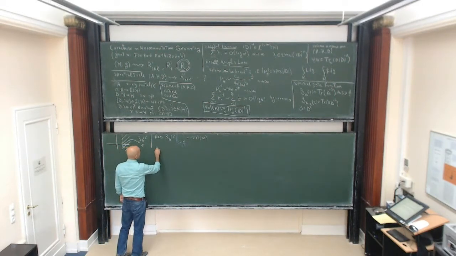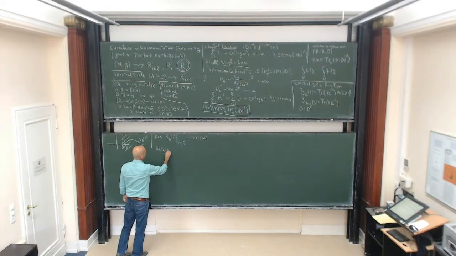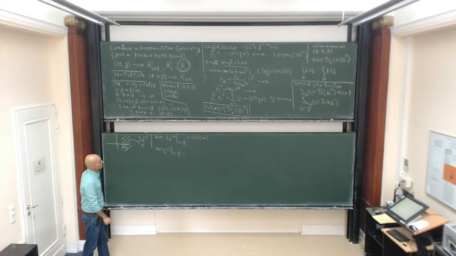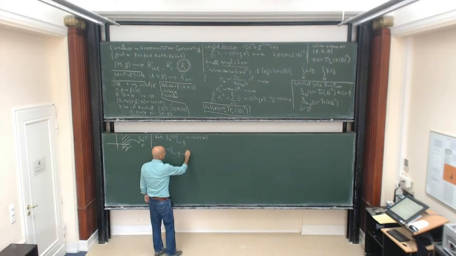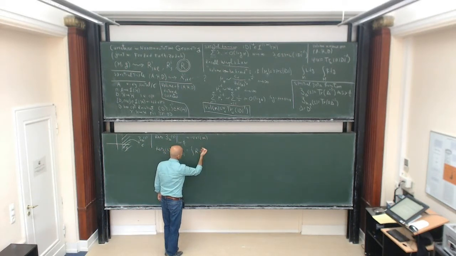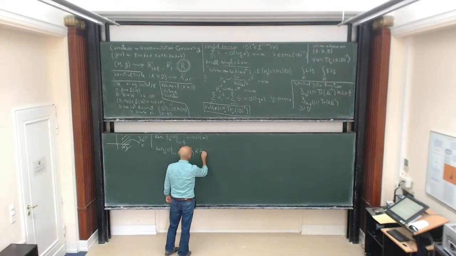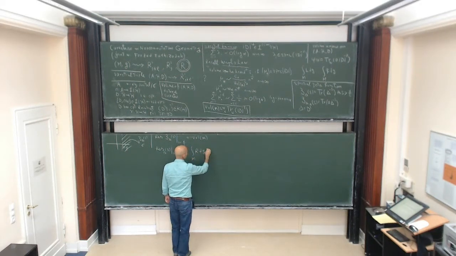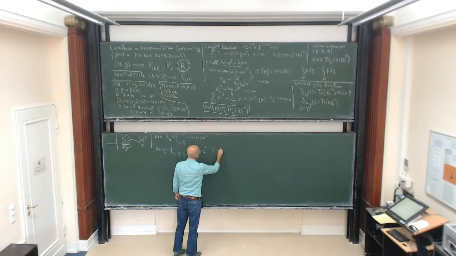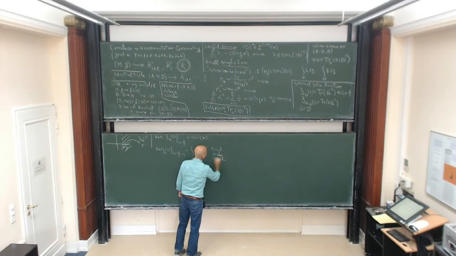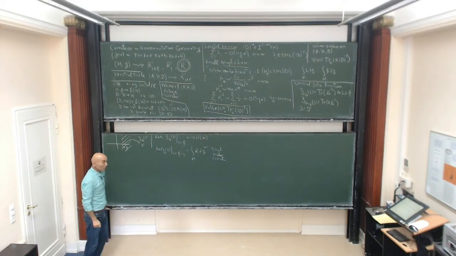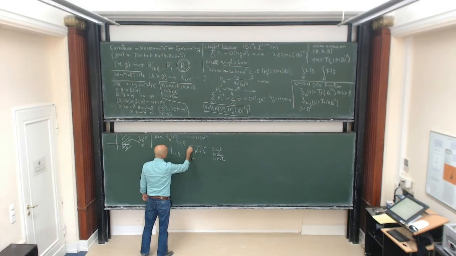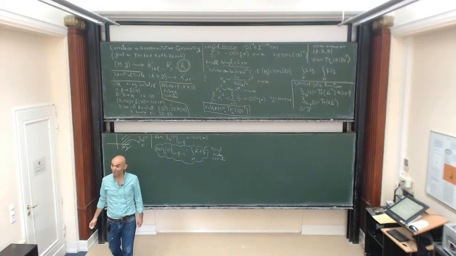And in fact, the residue at S equal to d over 2 minus 1, the subleading pole, is related to the total scalar curvature, the integral of scalar curvature dg over M. Okay, now, so we see that if you believe in this statement, you can hear the total scalar curvature of a manifold too, right?